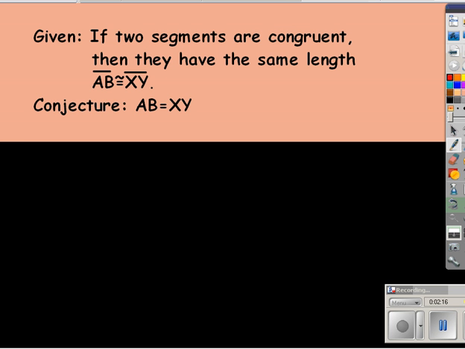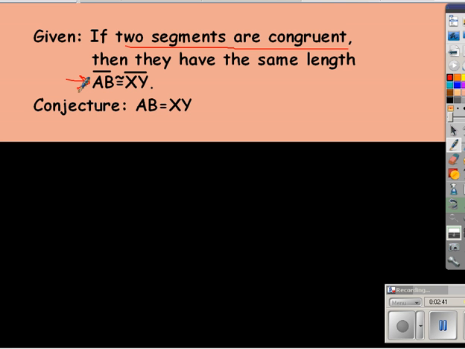Given the conditional, if 2 segments are congruent, then they have the same length. And they tell you that AB is congruent to XY. Again, we're comparing the hypothesis, 2 segments are congruent, with what they give you, that segment AB is congruent to XY. In this case, they do match.